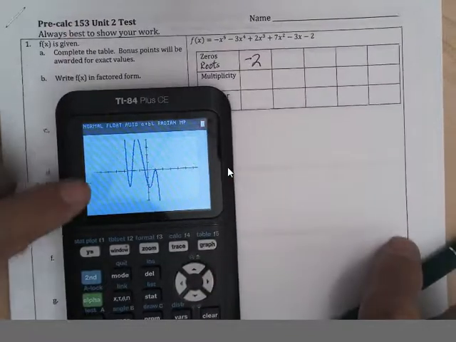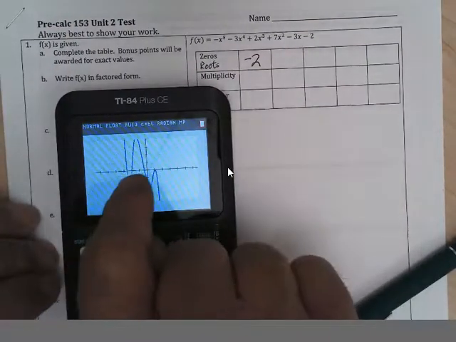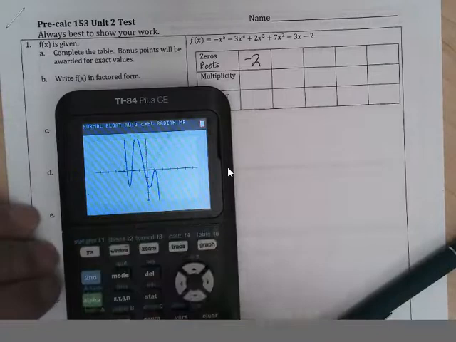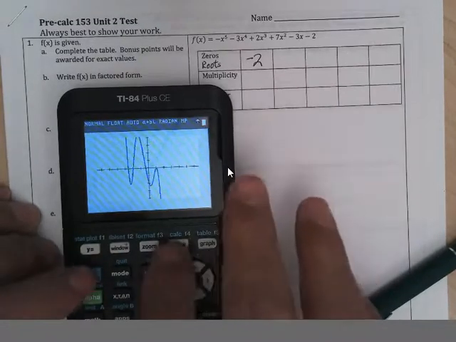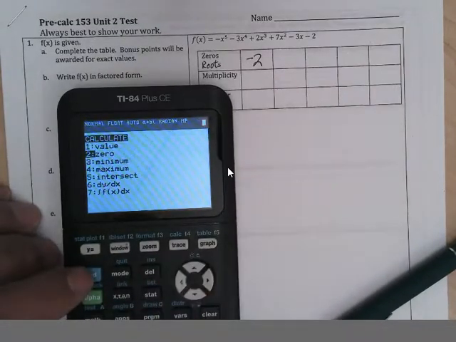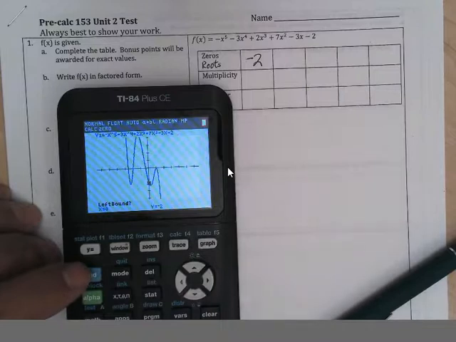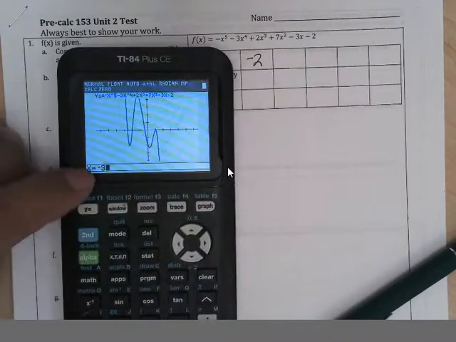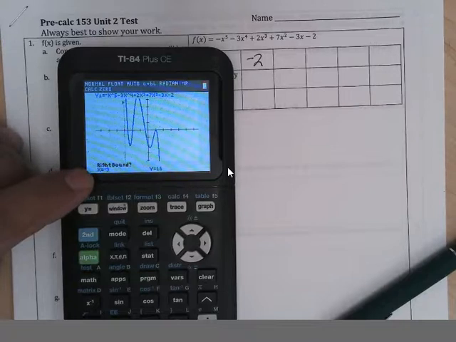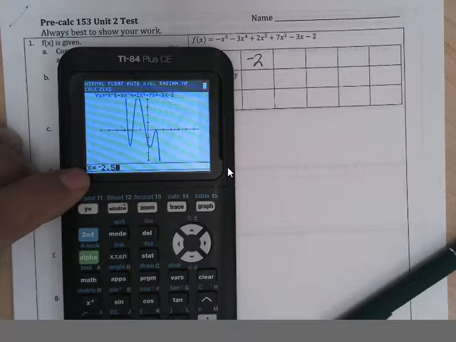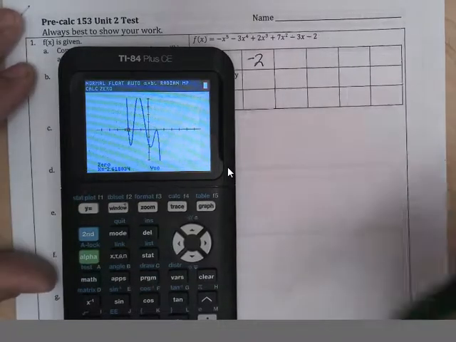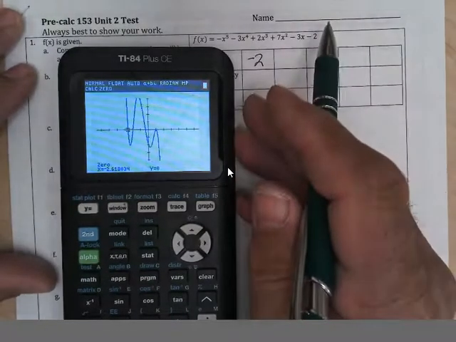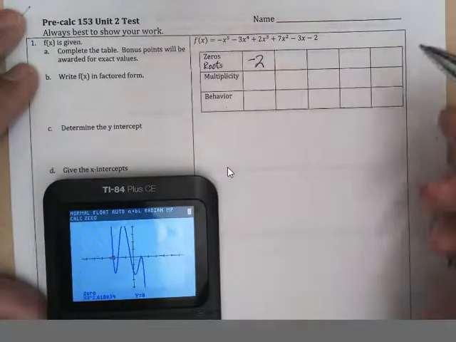I'm going to find this other one between -3 and -2 by going second, calculate, zero, typing in -3, enter, and -2, enter, and my guess is going to be -2.5, and it says it's -2.618 something.